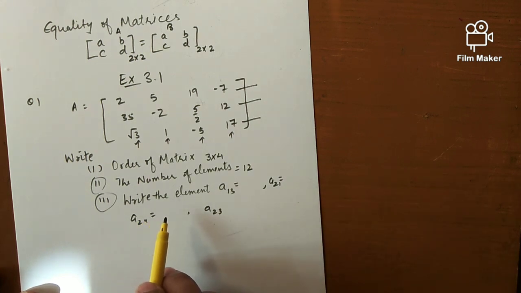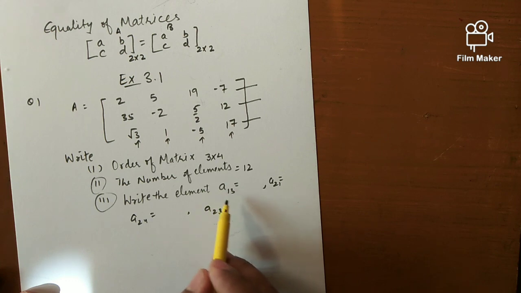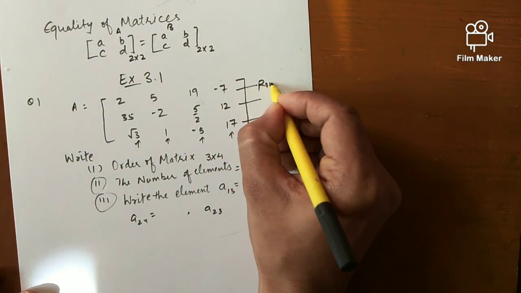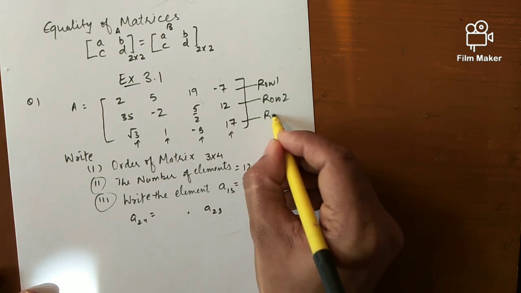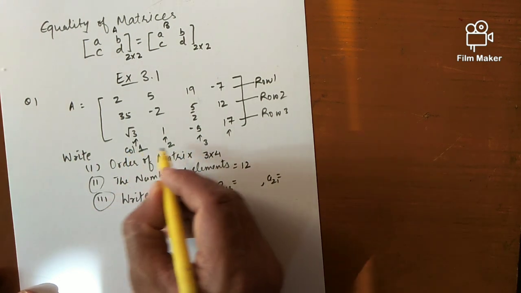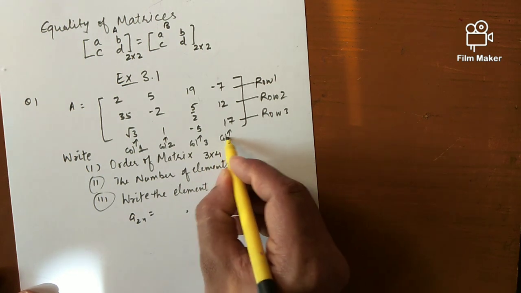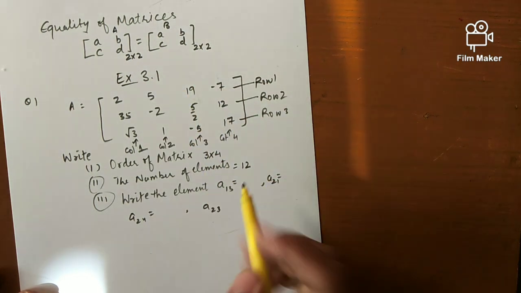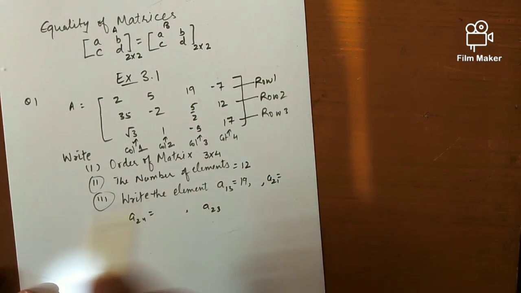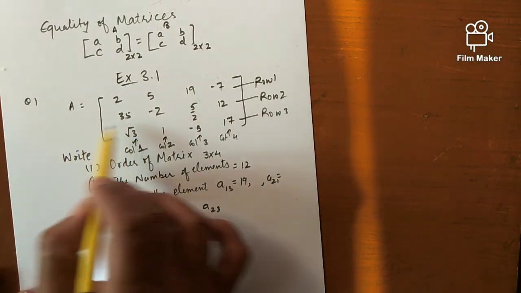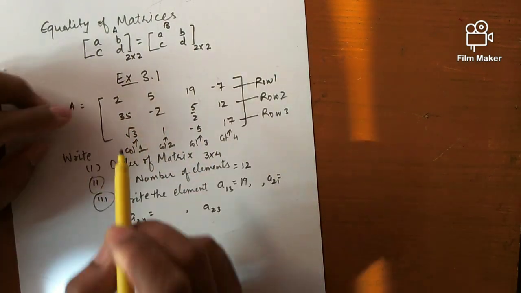Next they are asking you to find A13. When we say A13, it means first we go to row 1 and then to column 3. This is row 1, row 2, row 3, and this is column 1, column 2, column 3, column 4. So first row and third column, the element is 19. Now A21 means row 2, column 1.